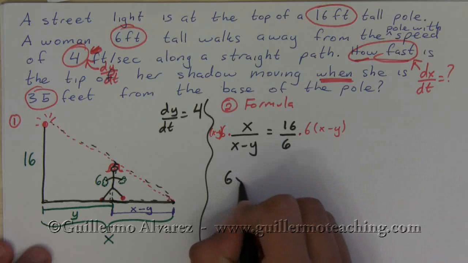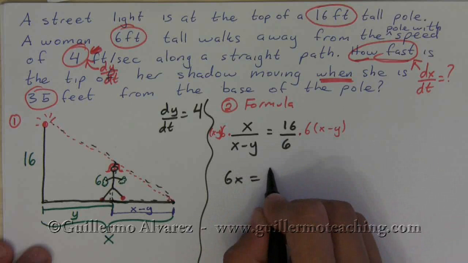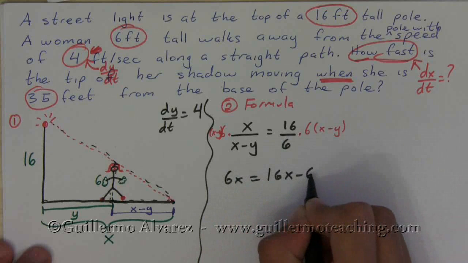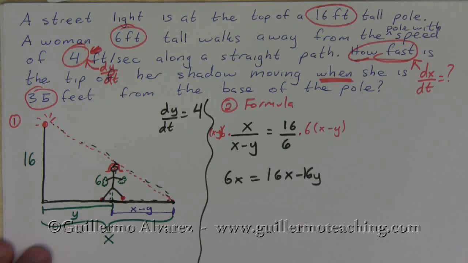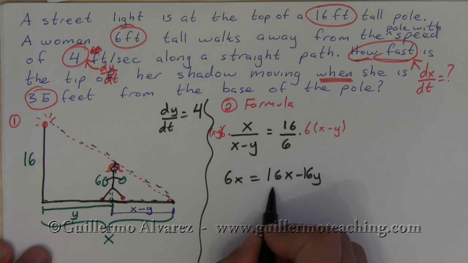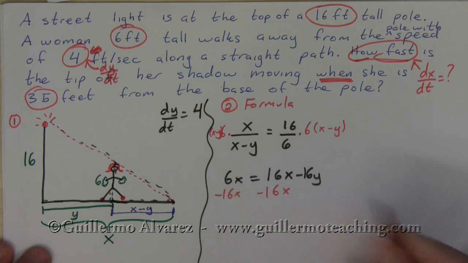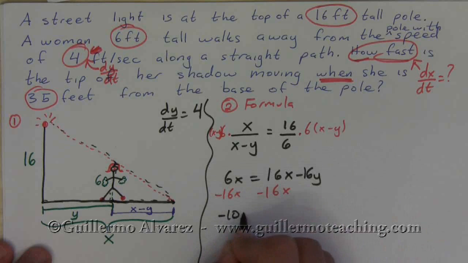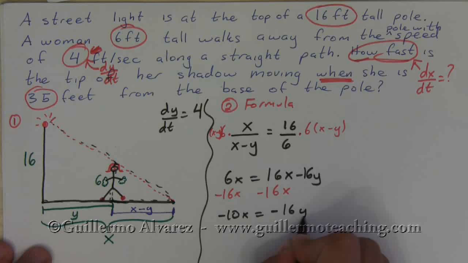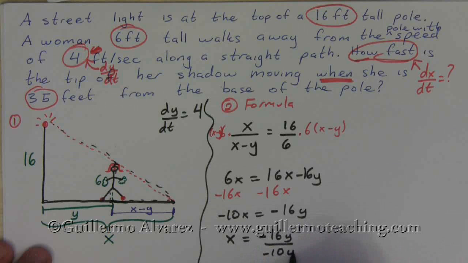And so we would get 6x equals 16x minus 16y. And if we solve for x, we bring the 16x over to the left. We would get negative 10x equals negative 16y. And so that means that x is equal to negative 16y over negative 10. Or in other words, x is equal to 8y over 5.